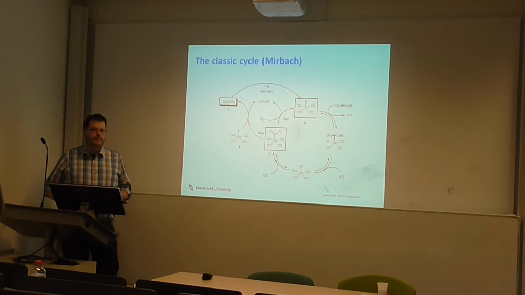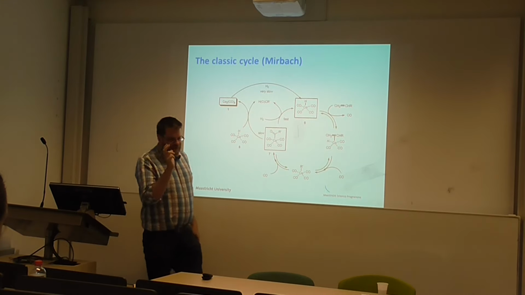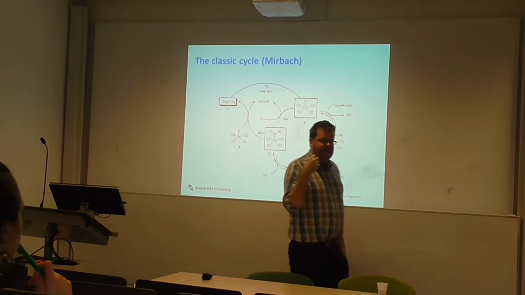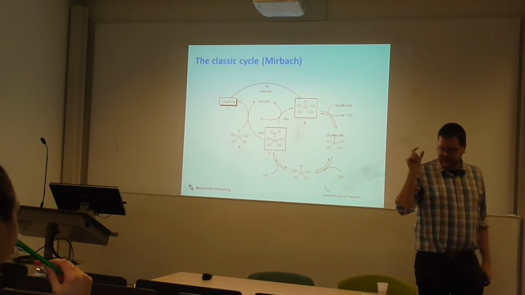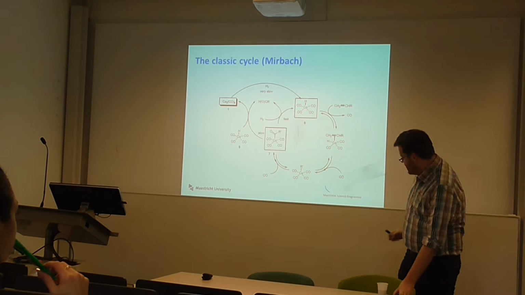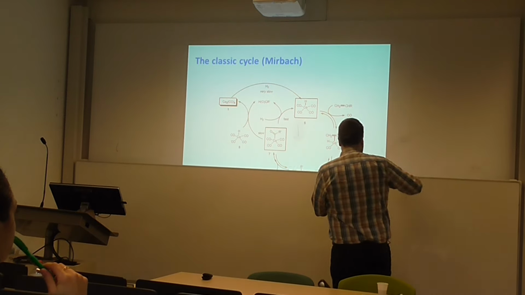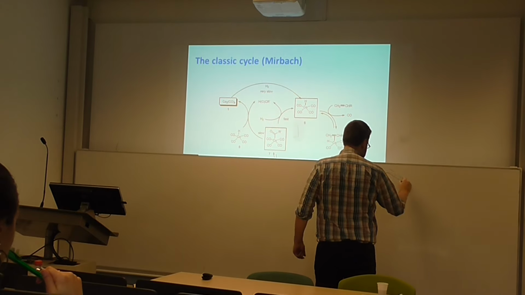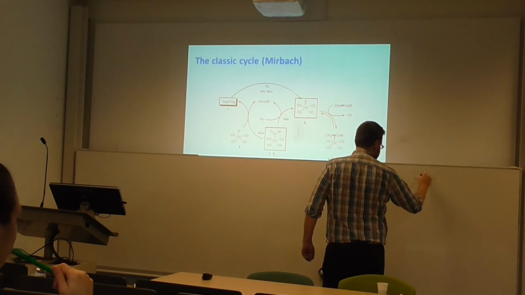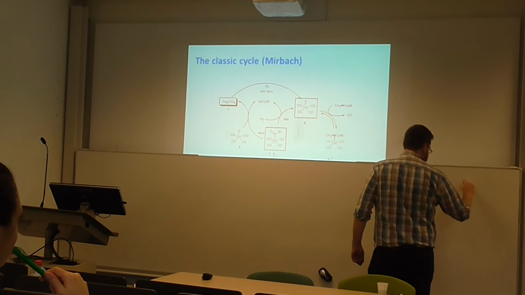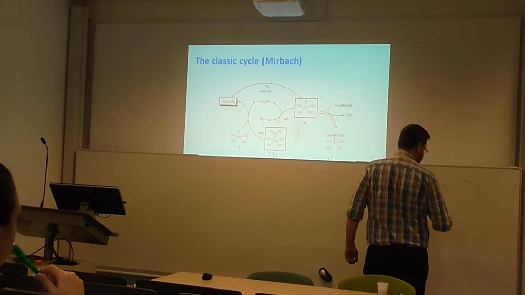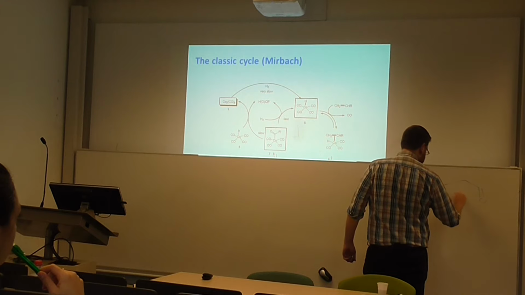Now I should mention, remember you have this business of n and iso. If you have a terminal alkene, remember we discussed this briefly last week, if you do hydroformylation, you can either get something like that, or you can get something like that.